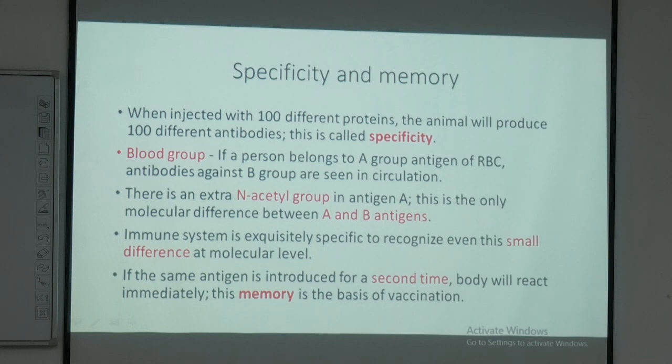So among the 5 types of immunoglobulin, what kind of immunoglobulin is the blood group antibody? Did you get my question?